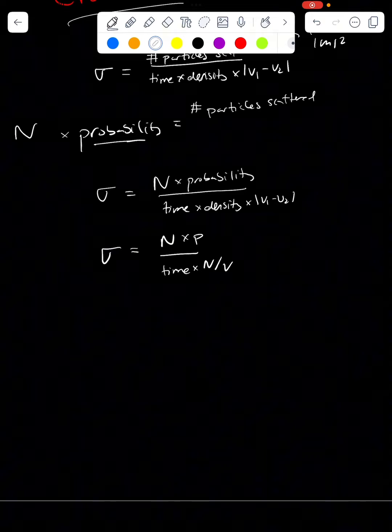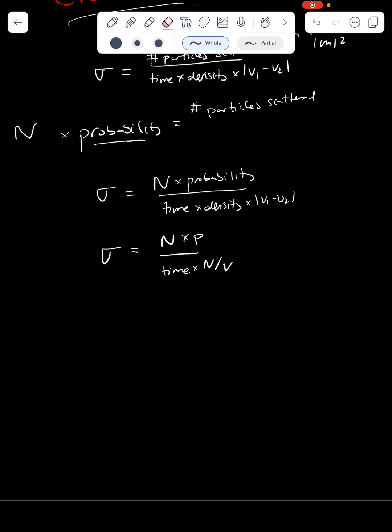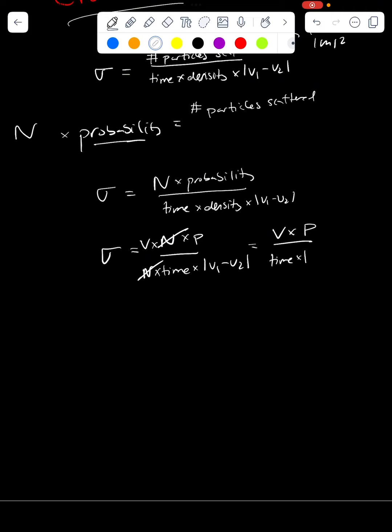And that's just going to correspond to V over N. So V over N, and then times this. And the N's will cancel out. So then we have V times the probability over time times the relative velocity.